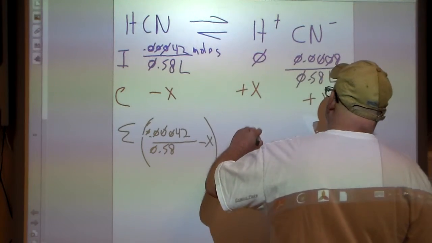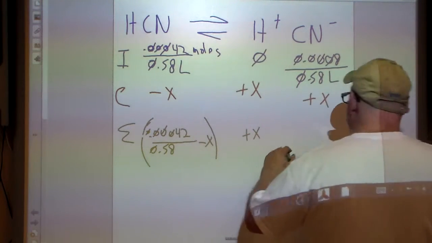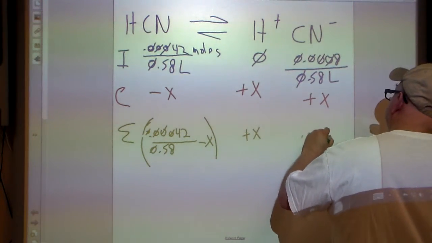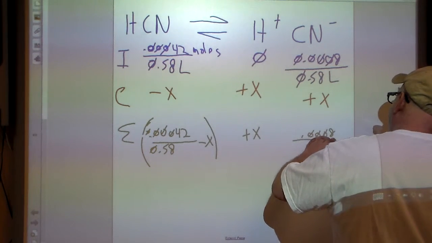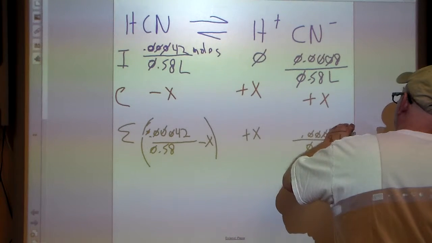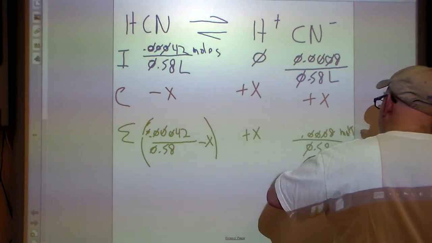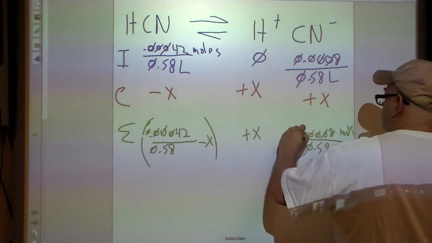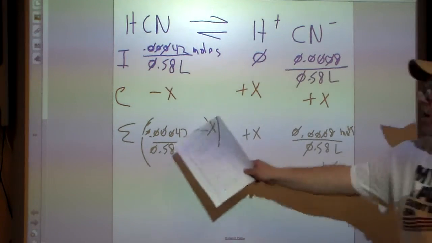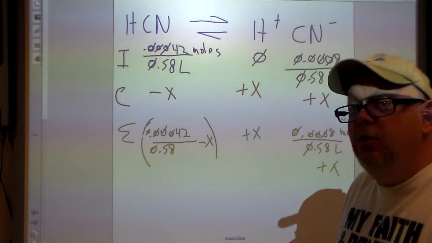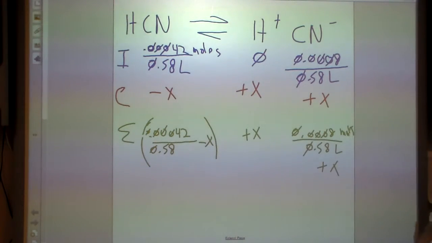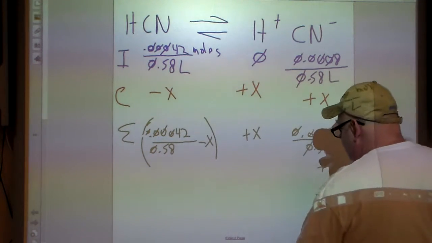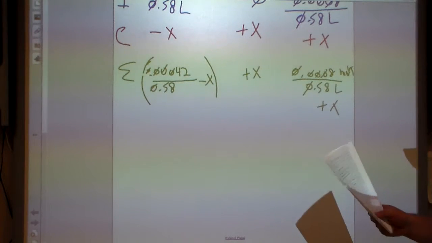Then we have a plus X, and then we have 0.0008 over 0.58 liters, with a plus X added onto it. So those are our three concentrations at equilibrium. Everything is now settled. The rate going back and forth is the same. Remember, that's the idea behind equilibrium.